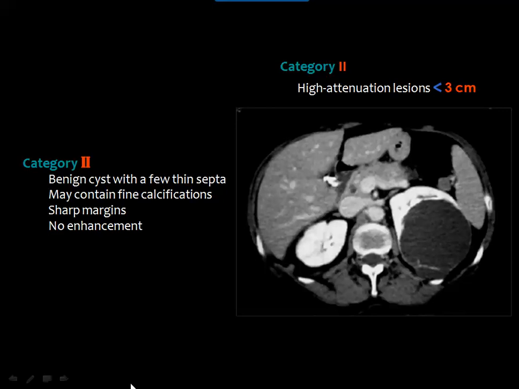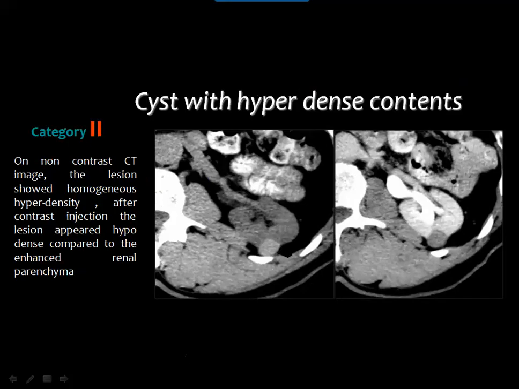In this cyst you may find 2 or 3 very small internal septations, and this is considered category number 2. Under the same category, you may see a small cyst less than 3 centimeters, but it has a high density or a high attenuation value, like this one.